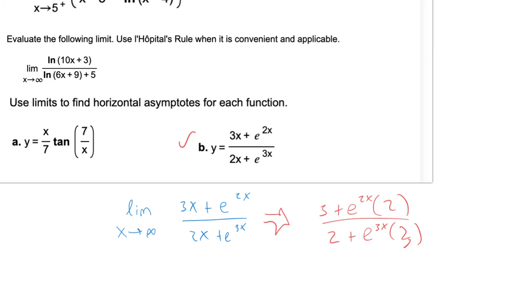So that's a problem. So there's a trick you can do where you can multiply the top and bottom, or we could say even divide the top and bottom, by e to the 3x.